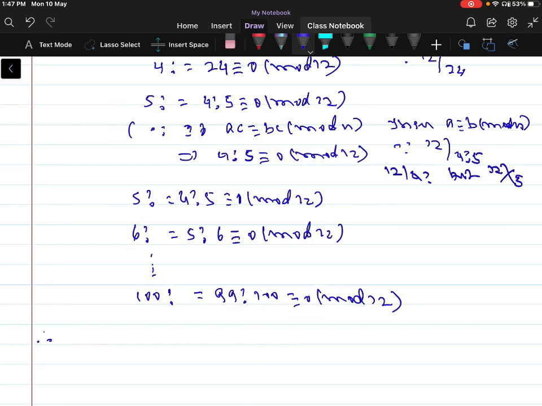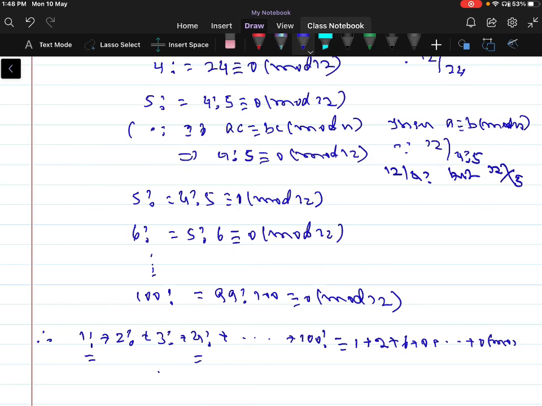So therefore 1 factorial plus 2 factorial plus 3 factorial plus 4 factorial and so on plus 100 factorial is congruent to the remainder of 1 factorial, which is 1, plus the remainder of 2 factorial, which is 2, plus the remainder of 3 factorial, which is 6, plus the remainders from 4 factorial onwards, which are 0, and so on, modulo 12.